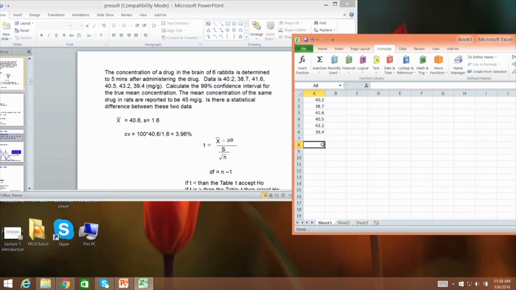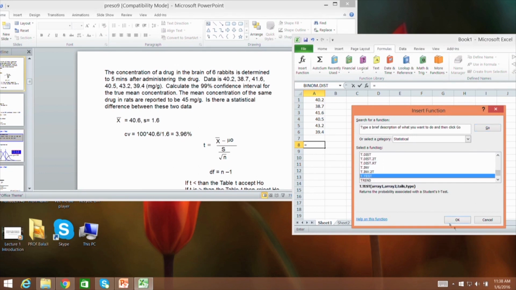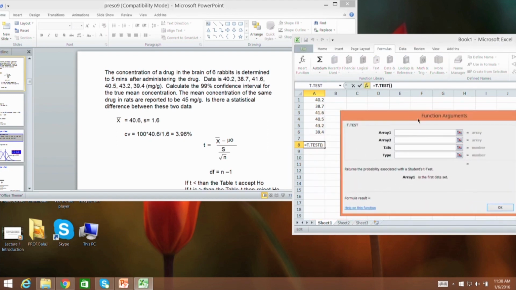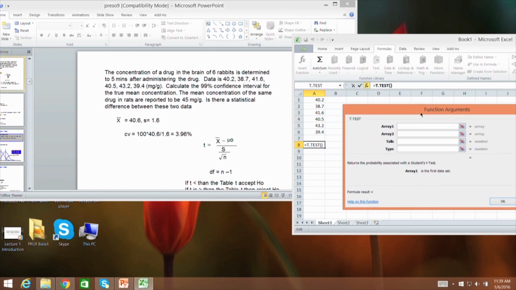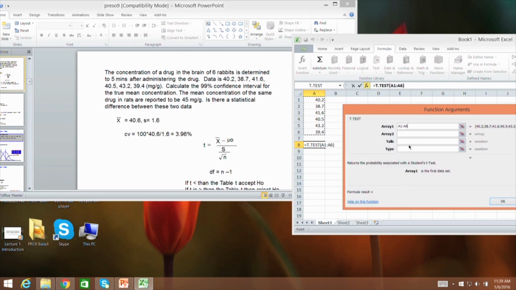Now the command, if you remember, we go to this and there is something called a t-test. When you look at the t-test, what are the various things? Array 1, so we give the data set here, and then we give array 2, so here we give the 45.